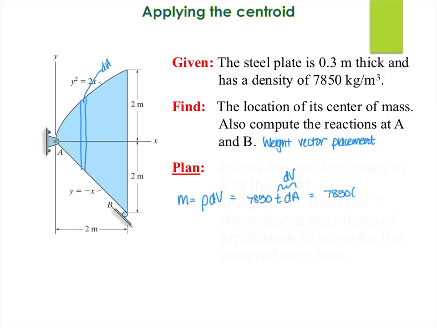I'm going to put in a value for thickness. This is 0.3. And dA I would write as y top minus y bottom times dx. So the mass is going to be 0.3, 7850, and then the integral of square root of 2x minus a minus x, that's the height, times dx.